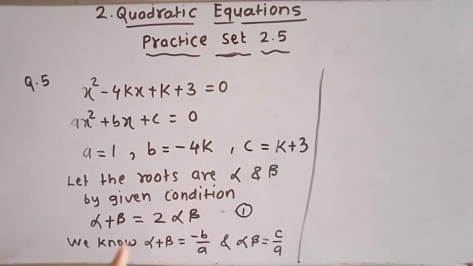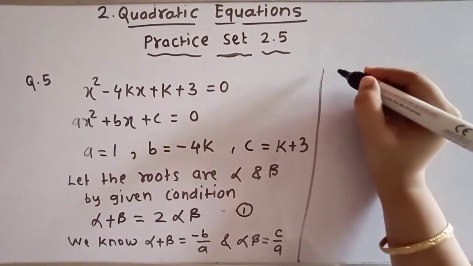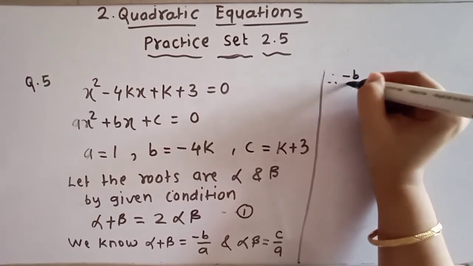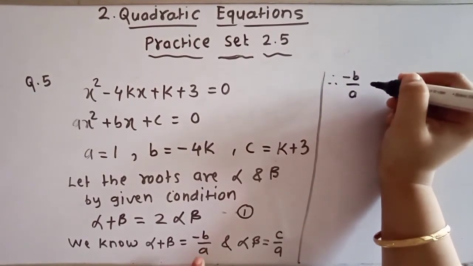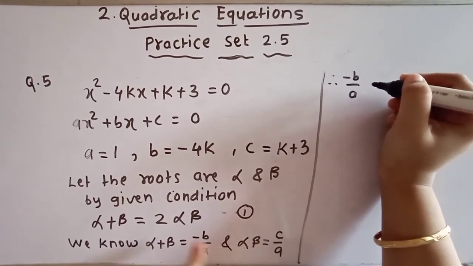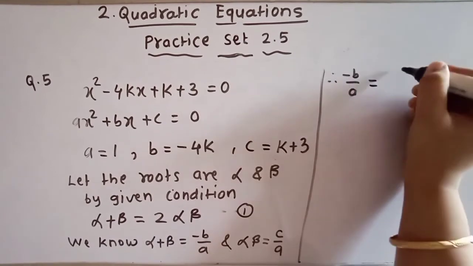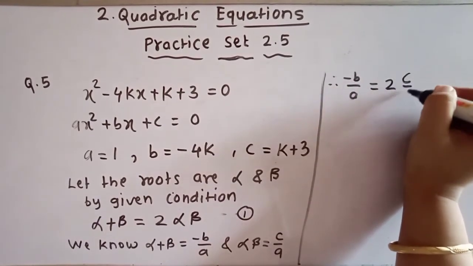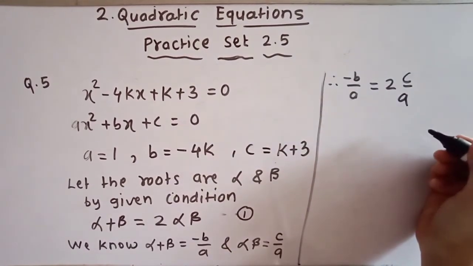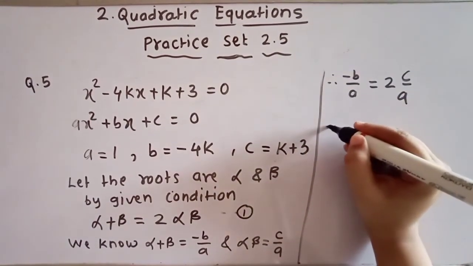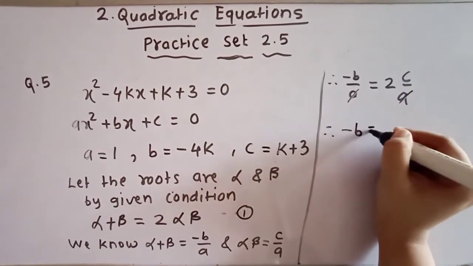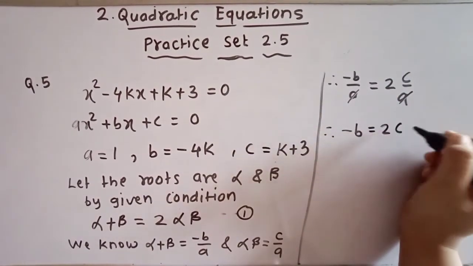Put the values of alpha plus beta and alpha beta into equation 1. So alpha plus beta is minus b by a equals 2 times alpha beta, which is c by a. Yes or no? So a gets canceled out. So minus b is equal to 2c.